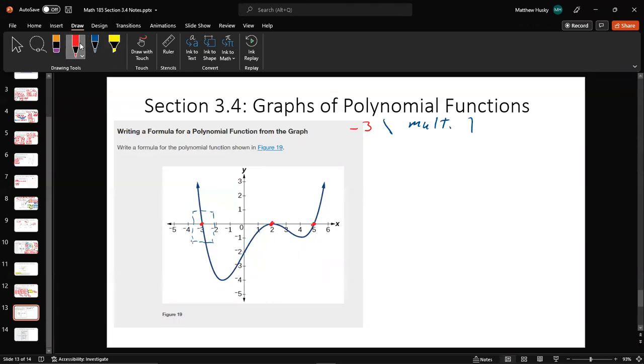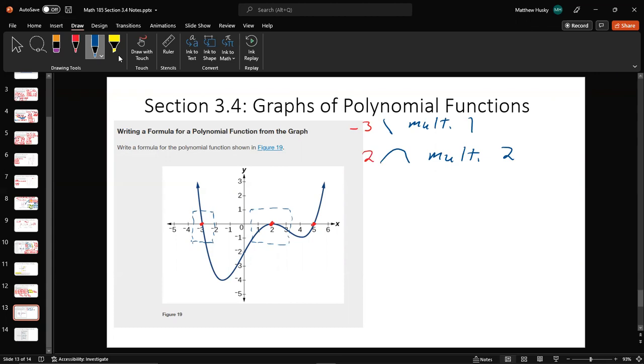The next value is at 2. If you zero in on this part of the graph, what you will notice is that it looks sort of parabola-esque, meaning you have a multiplicity or a power of 2. That's like an x squared graph.